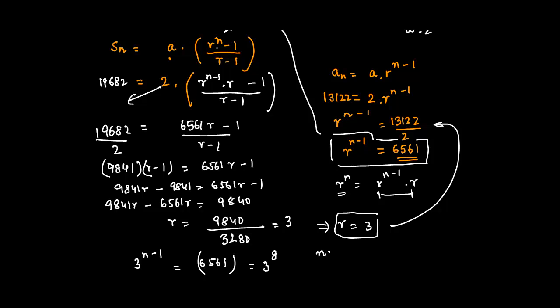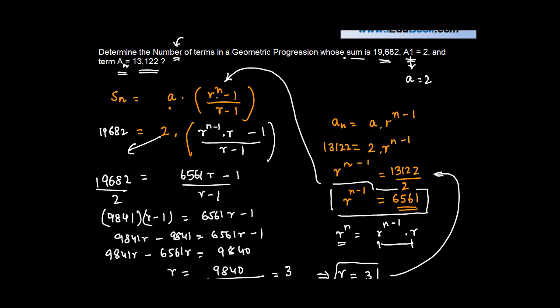Right? So this means that n minus 1 is equal to 8, or n is equal to 9. So the number of terms in a geometric progression whose sum is 19682, the first term is 2 and the last term is 13122, is 9.